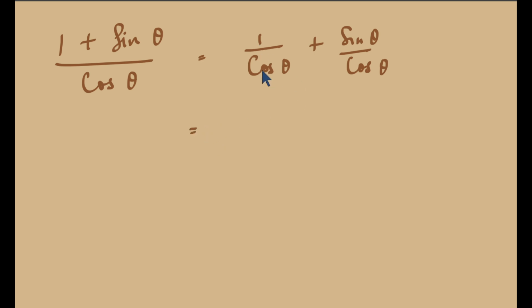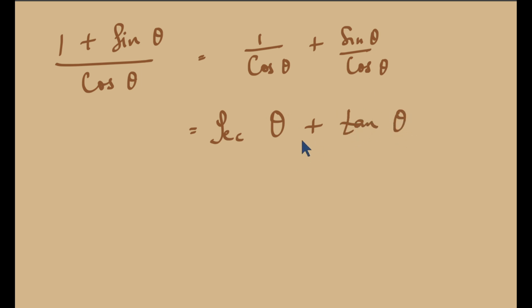So what is 1 by cos theta? Cosine is the reciprocal of secant theta, or in short we write it as sec theta. So let me write it as sec theta as it is always written. It's secant theta plus, and sine theta by cos theta is nothing but tan theta.